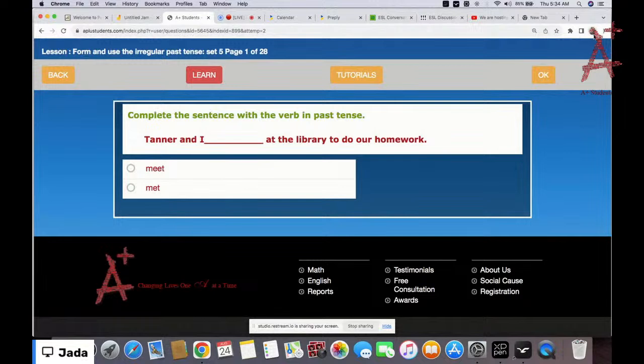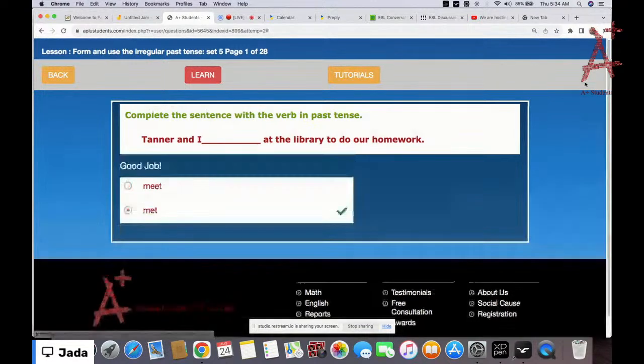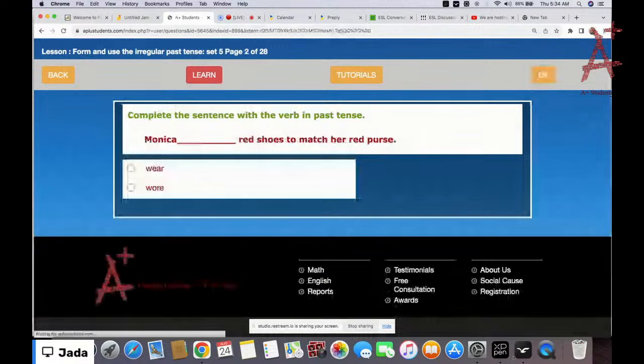What's your answer, everybody? Met. Okay, so they met at the library. Yes, met. And then Monica does red shoes to match her red purse. Wear or wore? Did she wear or she wore it? So she wore. Okay. So we have wore.